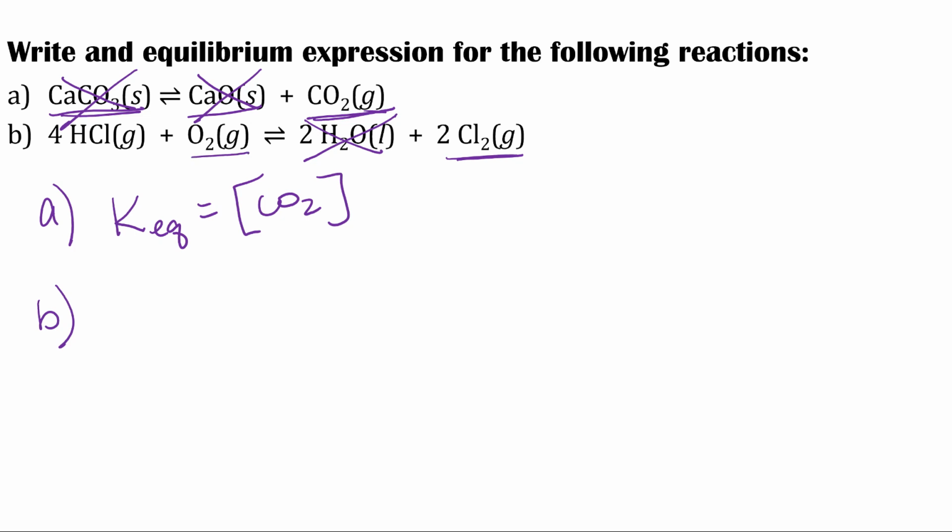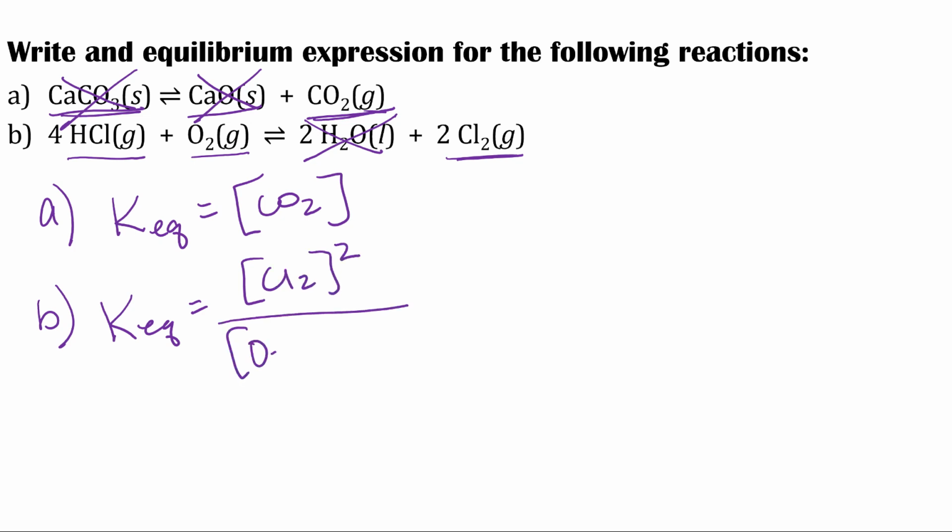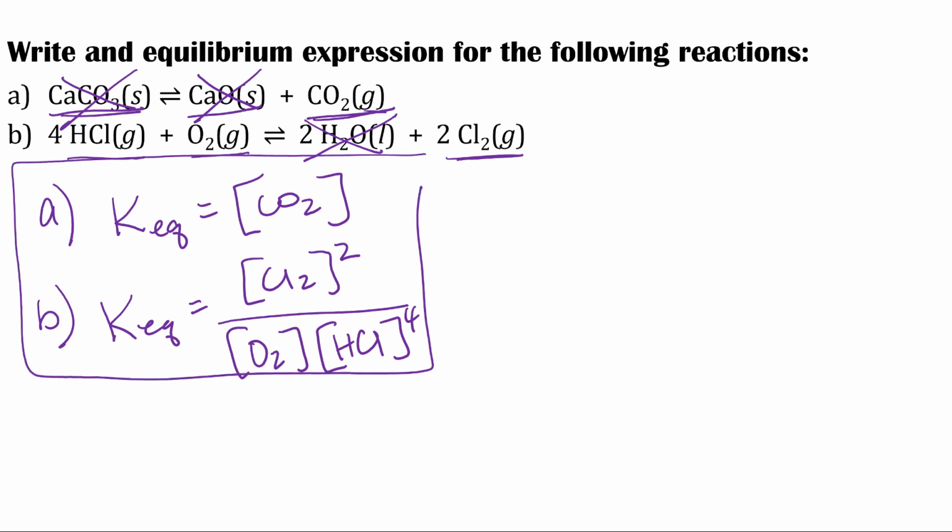I have a gas and a gas. So my K is going to be equal to chlorine squared divided by O2 times HCl to the fourth. And so those would be my equilibrium expressions for the reactions.